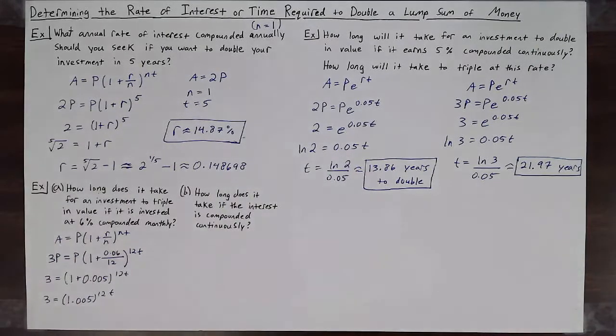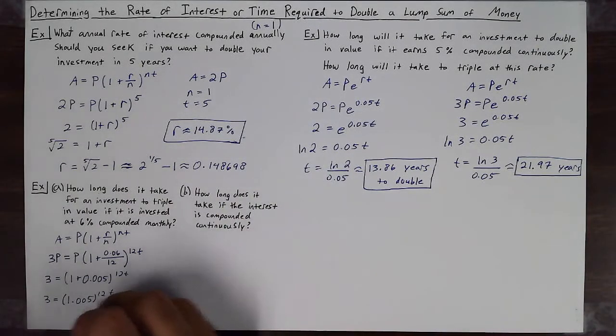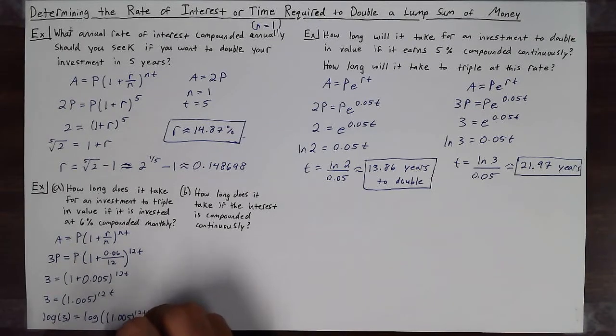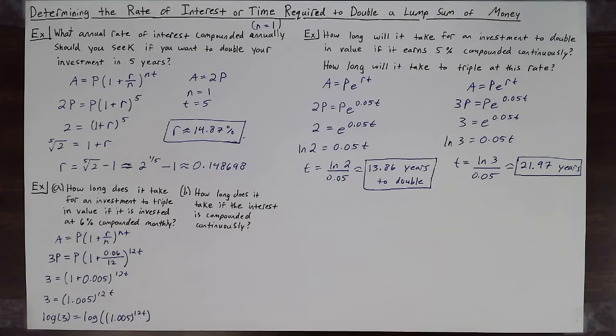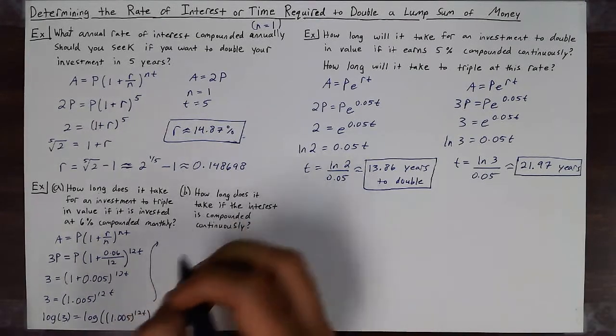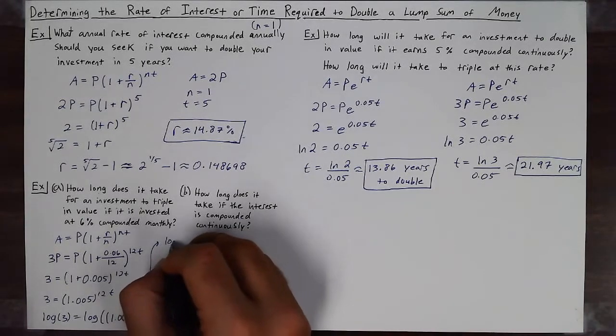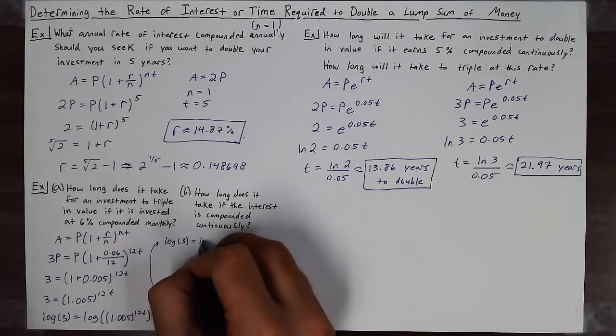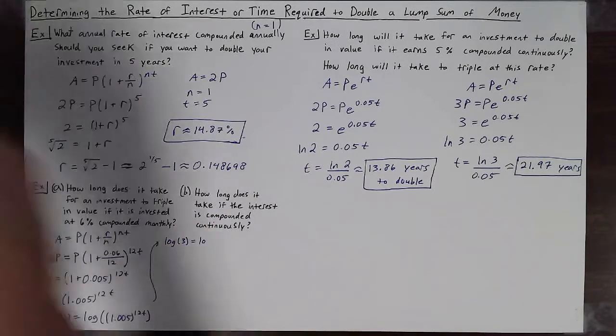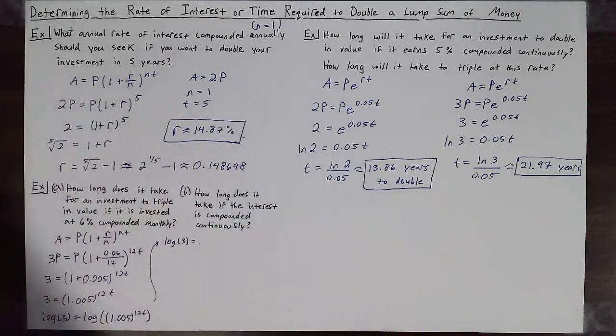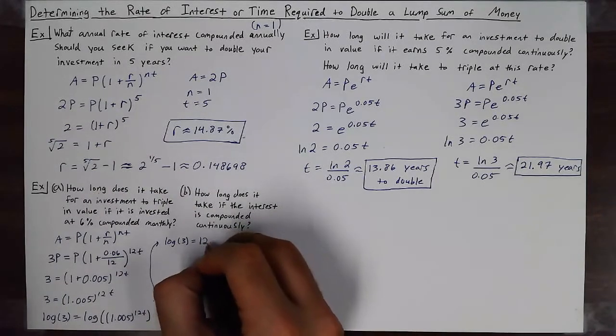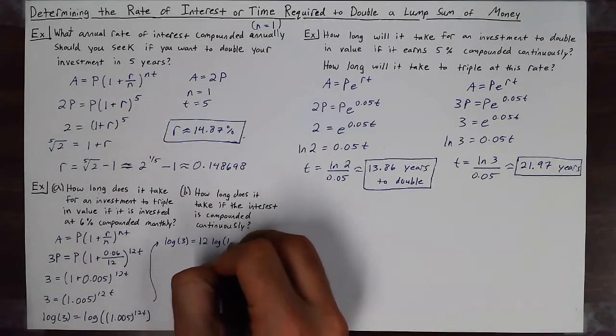Well, one way we can do that is by taking the log of each side of my equation. So log of 3 is equal to log of 1.005 to the 12t. And then we can move that power out in front of the logarithm to get the variable out of the exponent. So it gives me log of 3 is equal to 12t, moving it out in front, times log of 1.005.